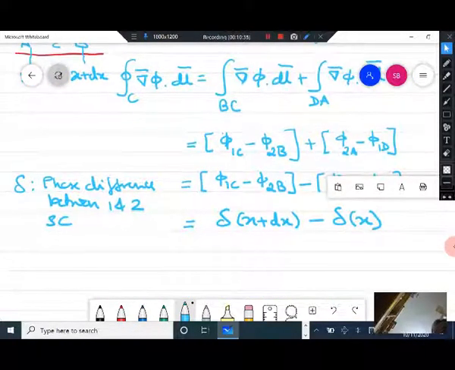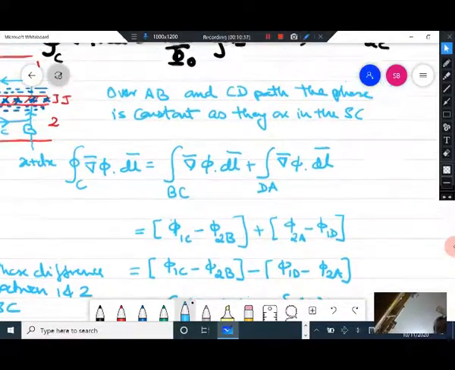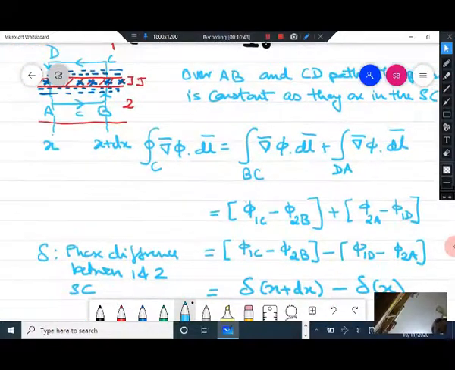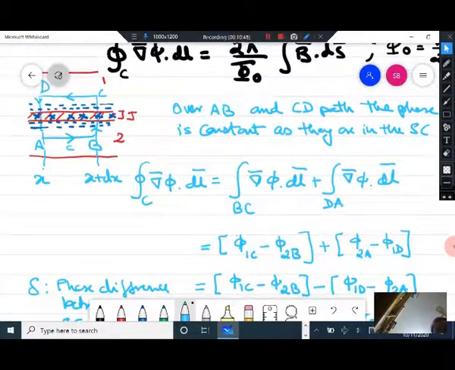Now the other part in this expression was 2 pi by phi naught times the integral of B dot ds. How much is the magnetic flux? If this is the thickness T of the junction, the magnetic flux is actually penetrating up to this entire distance.